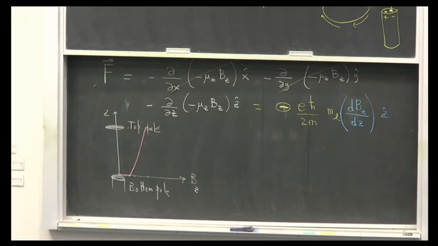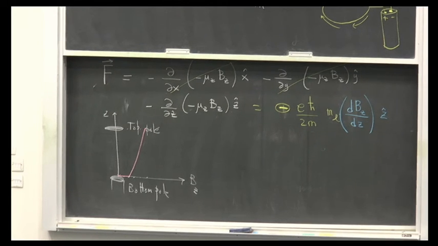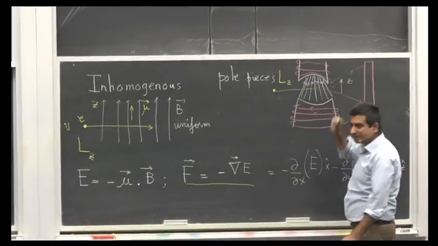Now if I put a screen over here, and these electrons are coming in, if they experience an upward or downward force, then they can move. If they experience an upward force, they will move upwards. If they experience a downward force, they will move downwards.